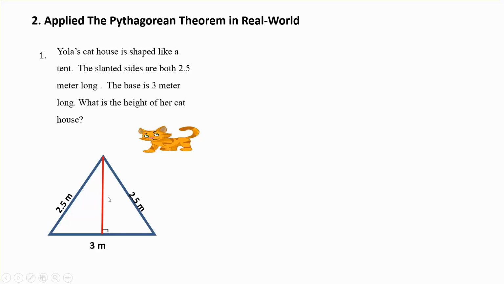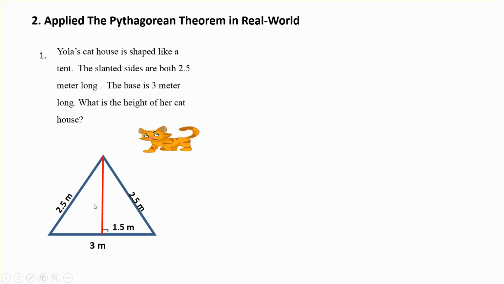Now you see that it is an isosceles triangle. In an isosceles triangle, the height divides the base into 2 equal lengths. So 3 divided by 2 is equal to 1.5.